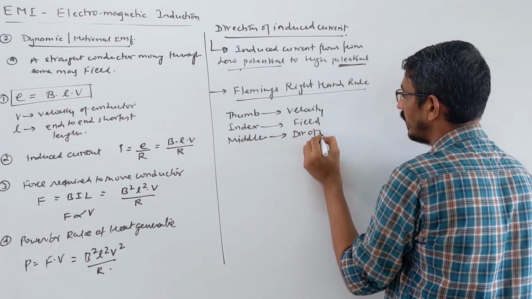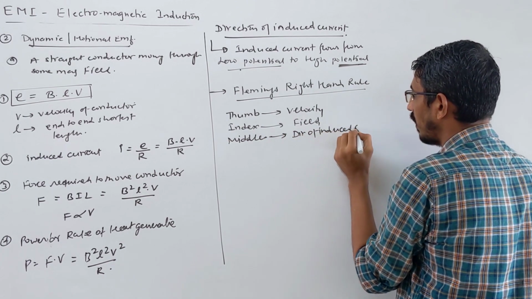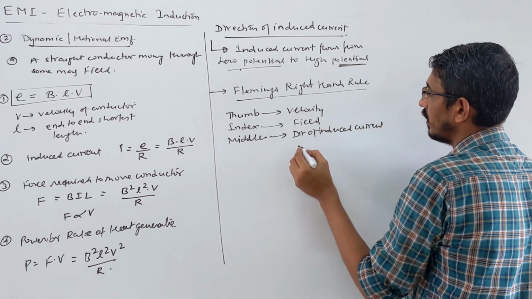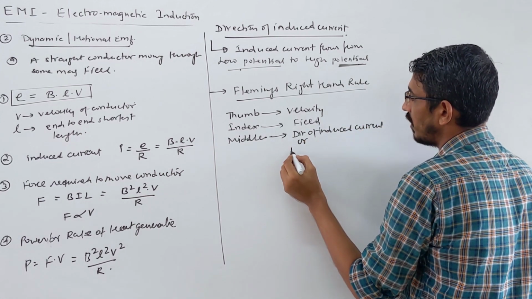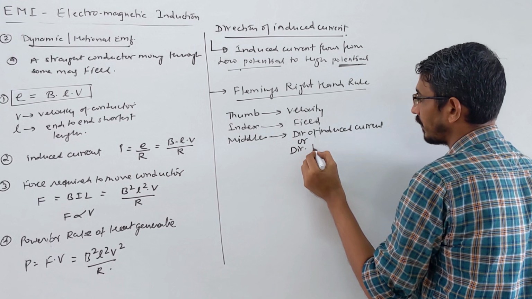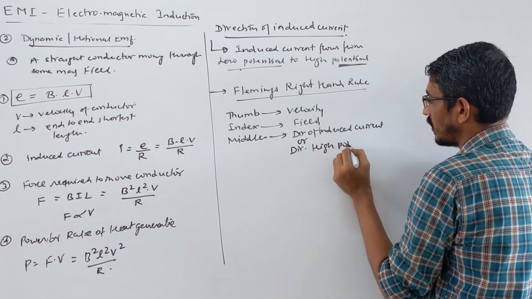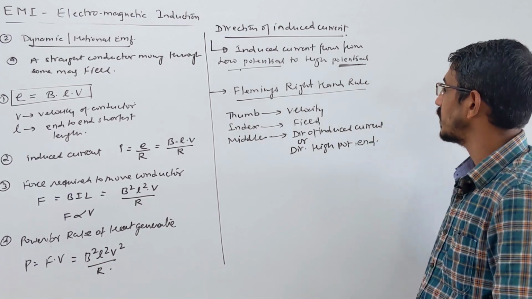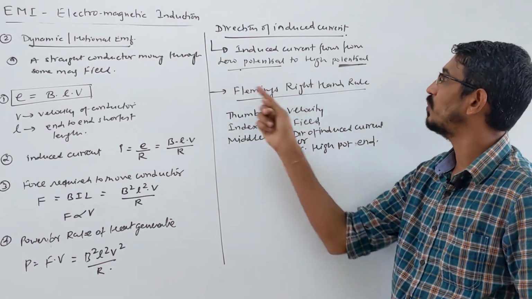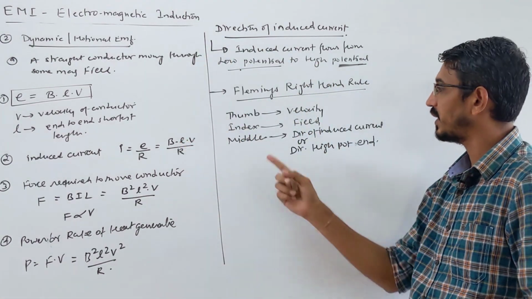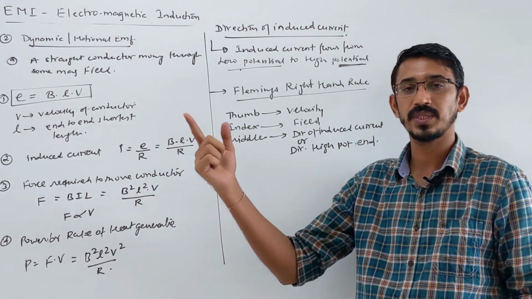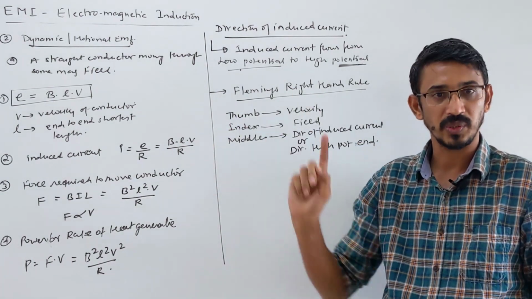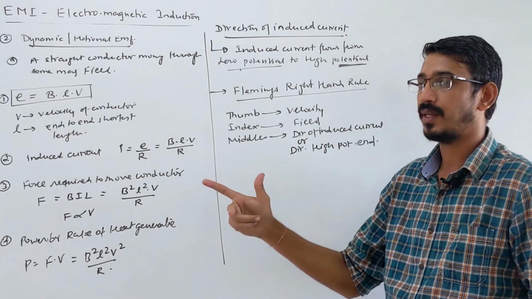Direction of induced current, or you can also say direction of high potential point, the high potential end, because induced current flows from low potential to high potential. So either say that the middle finger shows direction of induced current or direction of high potential. So this is your right hand.